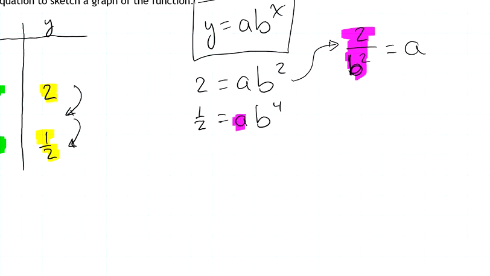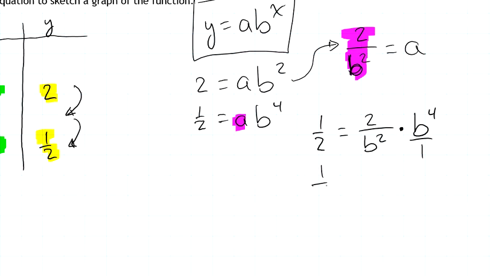So when I make this substitution, I'm using the substitution method, I end up getting 1/2 equals, now instead of a, I'm going to write 2 divided by b squared, and I'm multiplying that by b to the fourth power. And there's an implied denominator of 1 here if it helps you look at this.